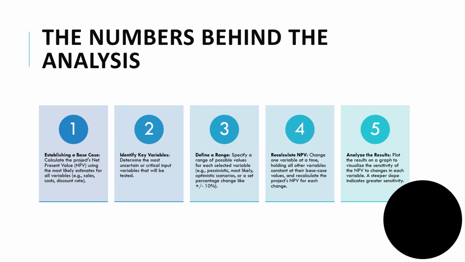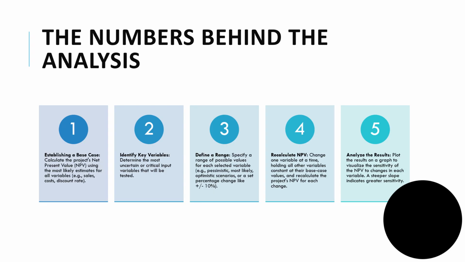Let's walk through the quantitative steps. First, we establish a base case NPV, using our most likely estimates for all variables. Next, we identify the key variables that are most uncertain or could have the biggest impact. Then, for each of these variables, we define a range of possible values, for example, a pessimistic, an optimistic, and a most likely scenario.